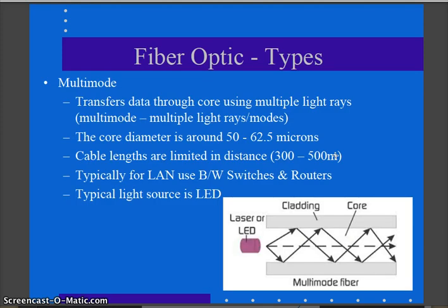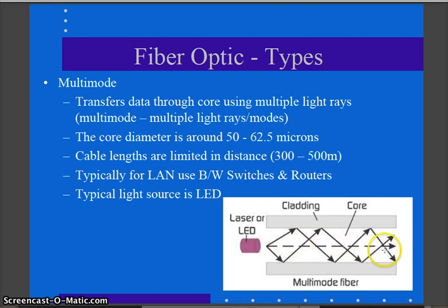Another way you categorize differences is multi-mode and single mode. So let's get into the two types of fiber. Multi-mode is going to transfer data through the core using multiple light rays. A fancy name for a light ray is a mode of light. So in multi-mode, my light signal is made up of multiple rays of light, multiple modes.